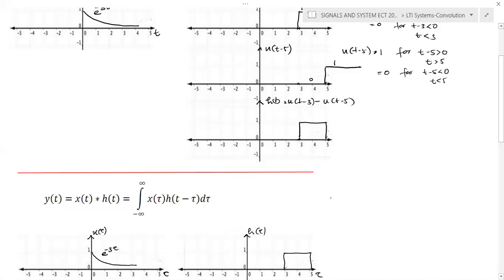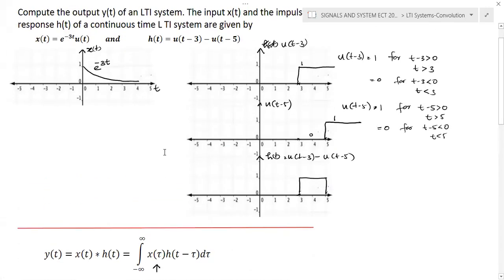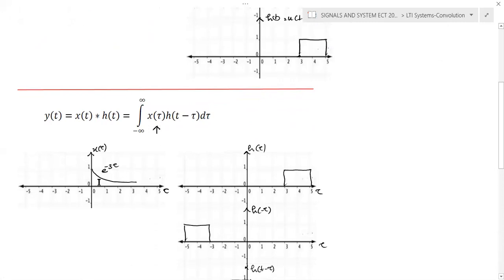Now we need to evaluate the integral. y of t is equal to x of t convolved with h of t. For that we need x of tau. Already we have x of t. Simply replacing t with tau, you will get the same waveform, but the variable is tau. That's very important.